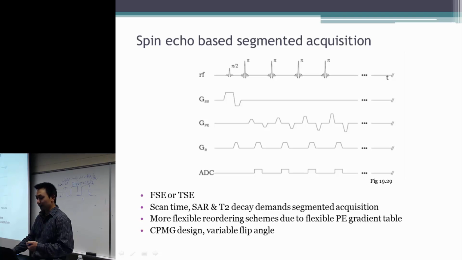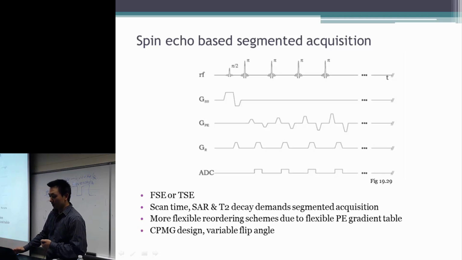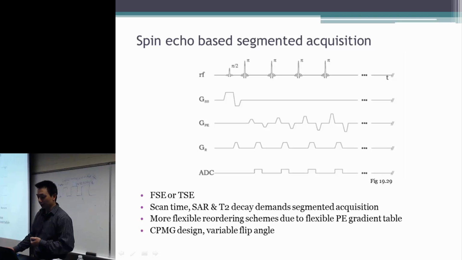So usually the scan time is still a little bit longer for spin echo based acquisitions than the gradient echo based acquisitions, even with the segmented or multi-echo method. And also for spin echo, there is this SAR concern, which is the power deposition of the RF pulse power into the human body. And also T2 decay is the same idea, the filtering effect, right?